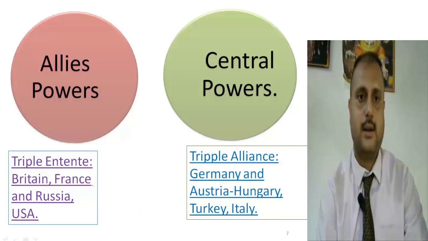America joined later, in 1917. That means at the beginning, America was not there. The First World War started on 28 July 1914, but after a long time, America participated.